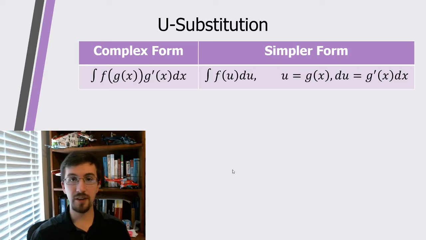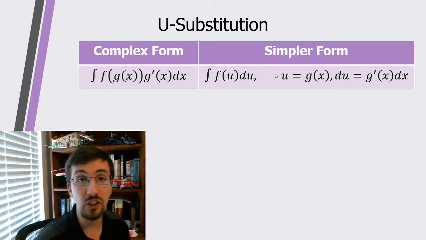Next thing we're talking about, u substitution. If you have a complex form of an integral, something like the integral of f of g of x times g prime of x dx, we're going to use a substitution, and we use the letter u for it.